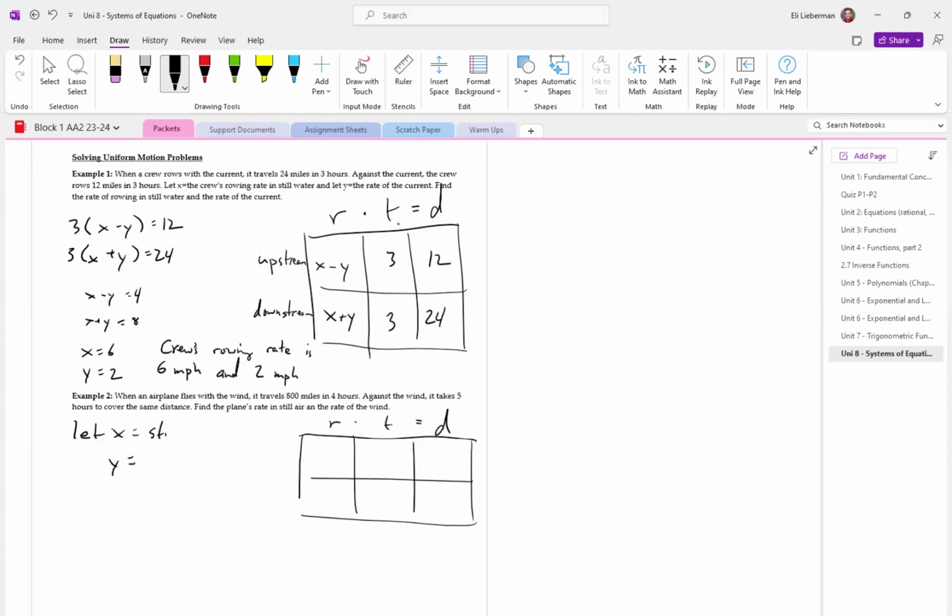Okay, so still plane speed, still airspeed. And then I let Y be the rate of wind. Cool.